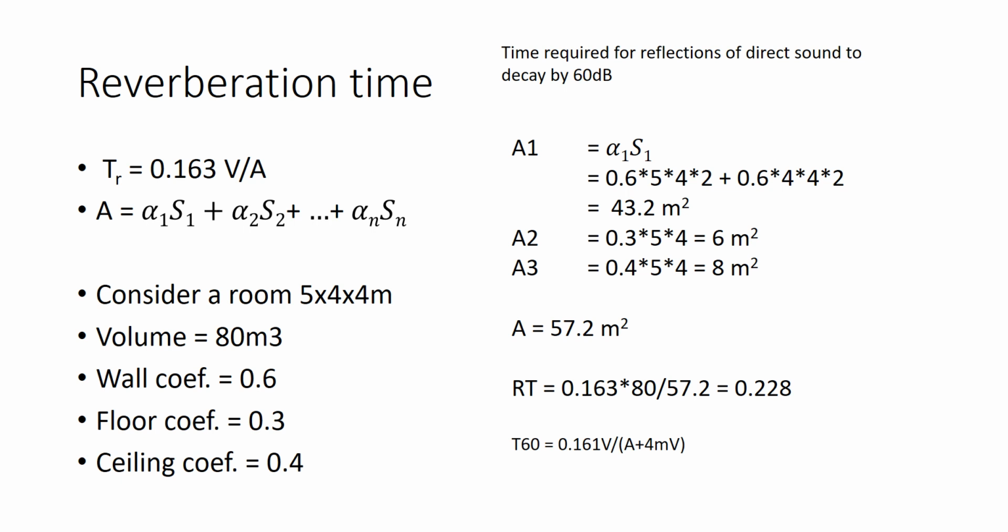This is one of the usual assignment questions: you will be provided with the wall coefficients and dimensions of the room, and then you will be asked to find the reverberation time. This reverberation time concept is critical because in auditoriums, if you have a musical event, you don't want the sound to die out very soon, because you perceive music to be pleasant if it resonates.